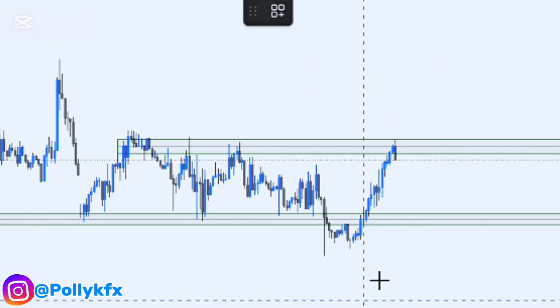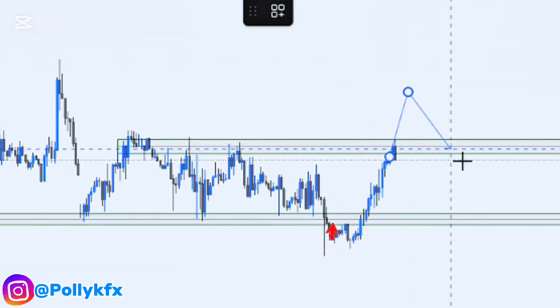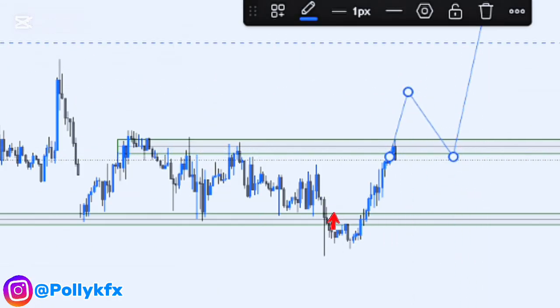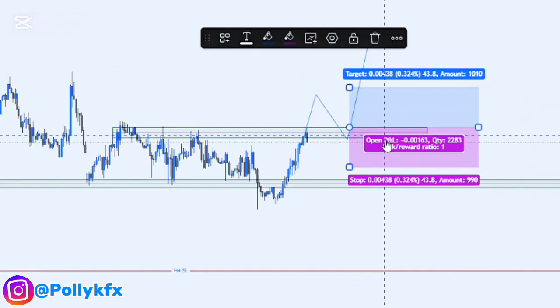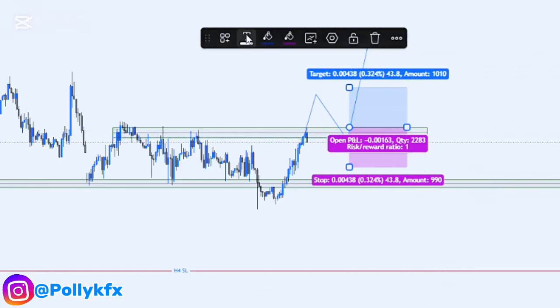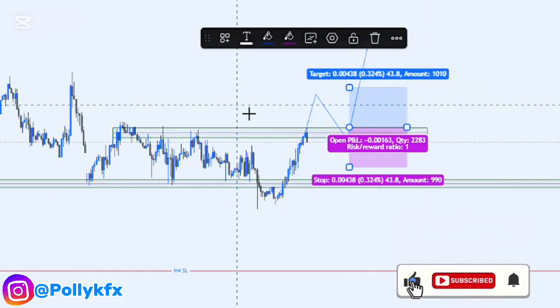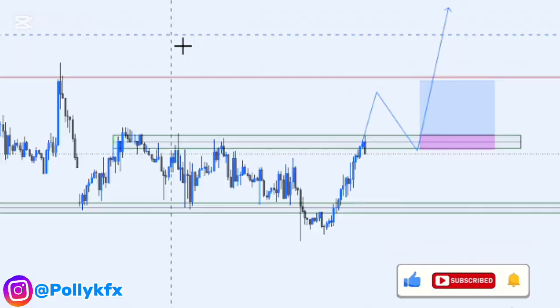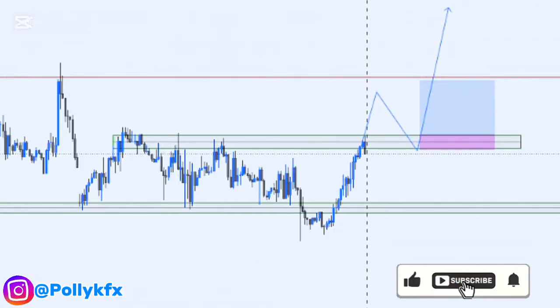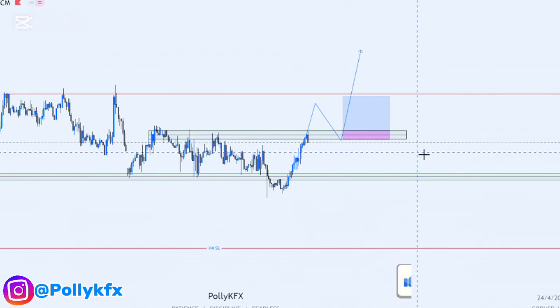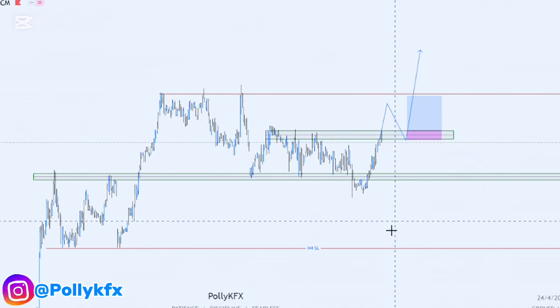If I see a breakout here and a pullback here, that is where I'm going to prepare to go long, with my target at the next swing high, because that is where most of the time liquidity lies, the resistance and the support level. So that is where I always put my target.